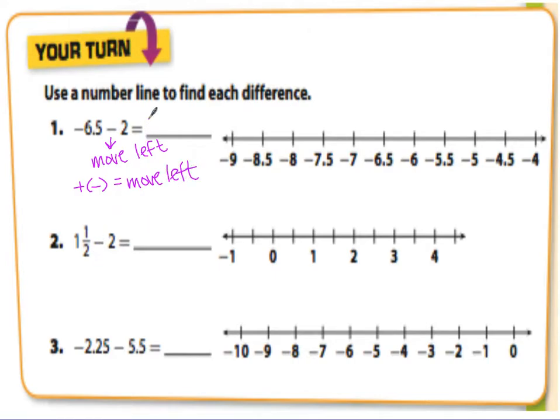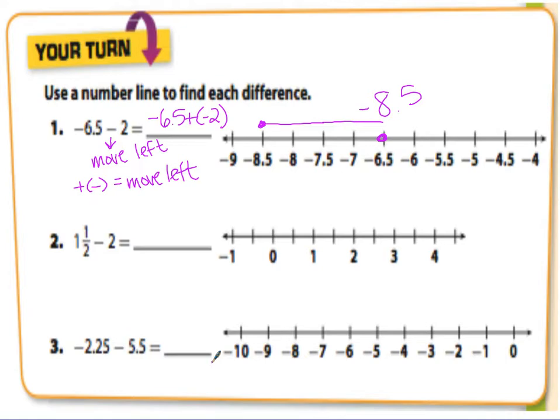So I can change this to negative 6.5 plus negative 2. Since it's a negative plus a negative, I can just add them and keep the sign. So my answer would be negative 8.5. If I check that, starting at negative 6.5 and moving left 2, I get the same answer.